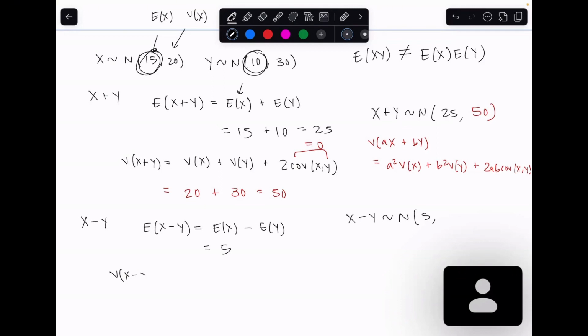So the variance of X minus Y is equal to the variance of X. And right, remember that a squared is my constant. Technically, the constant is 1. So I'll just write that there so you're aware. But what's the constant for Y? Like, what is Y being multiplied by? What constant? -1, exactly.